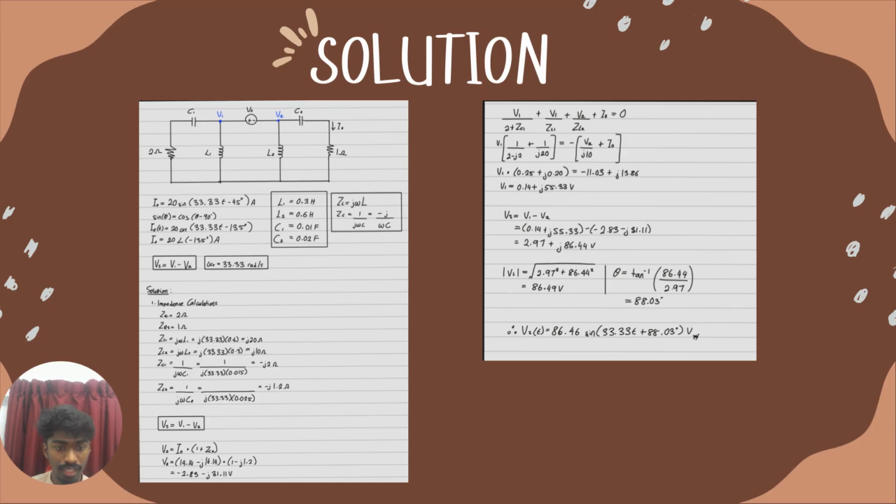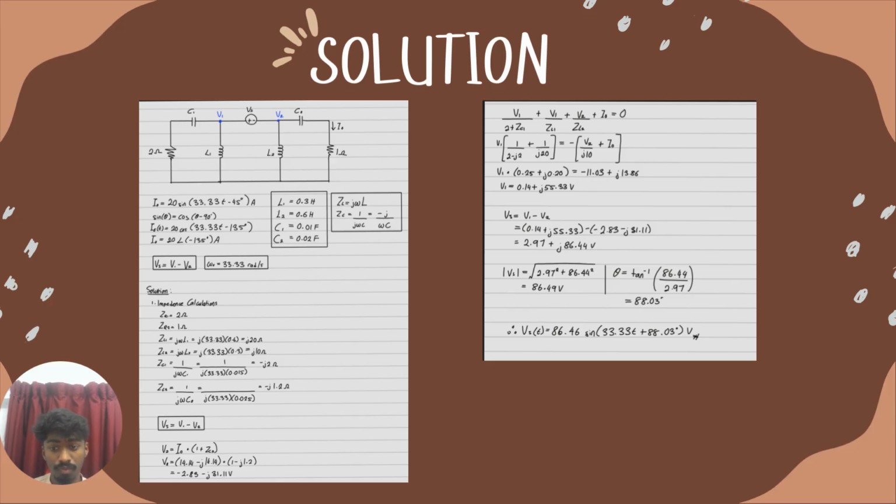We found that ZC1 is negative J2 ohms, and ZC2 is negative J1.2 ohms. The values of the inductance 0.6 and capacitor 0.015 seem slightly tweaked compared to the parameter box, likely to fit specific group data requirements.